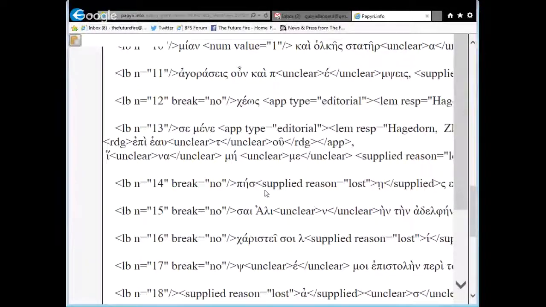Okay, so I can't demonstrate that because I think this is probably a browser thing that has caused that error. I have no idea.